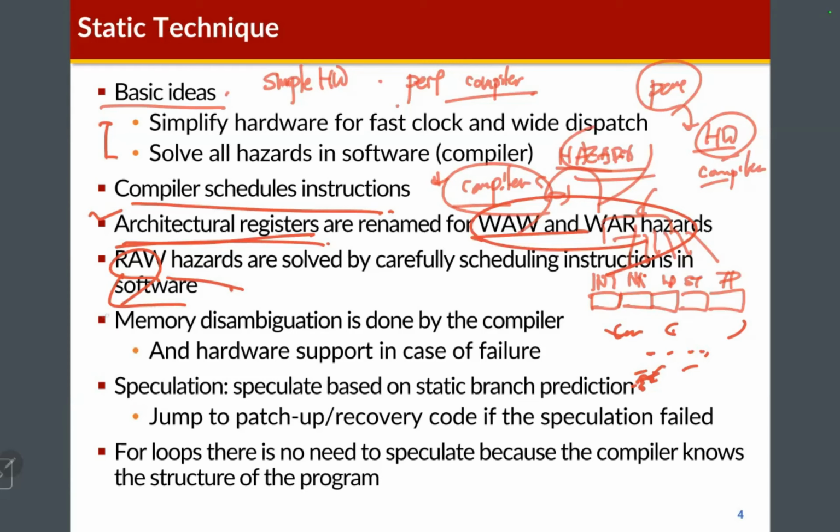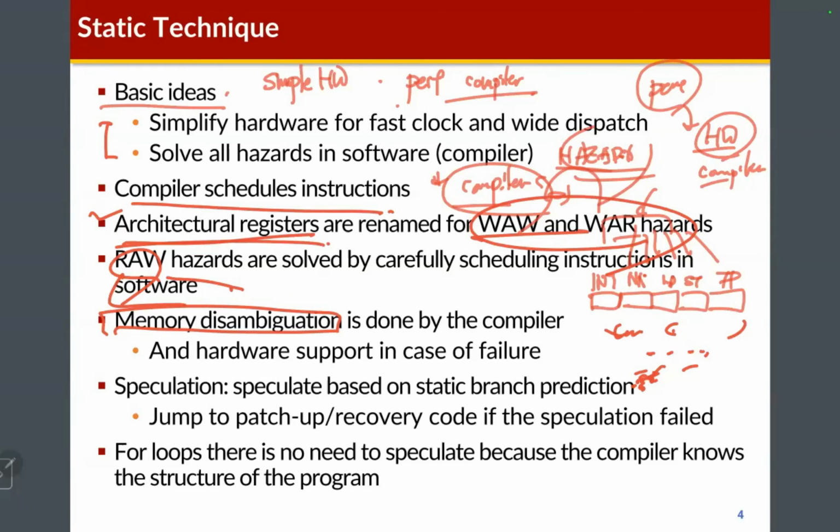Another issue is memory disambiguation. This is another performance limit on parallelism in the data transfer instructions.